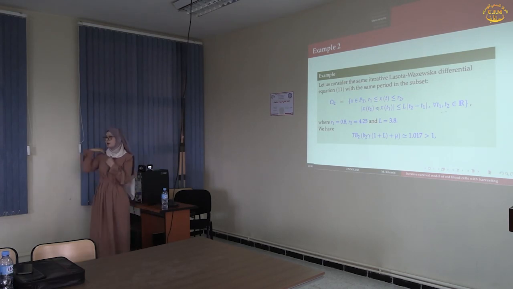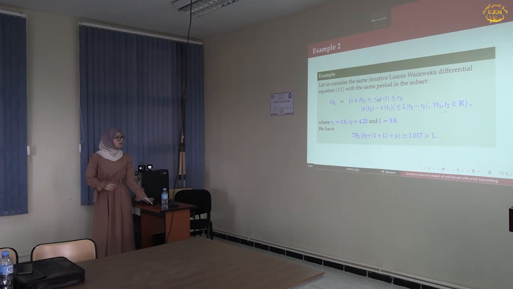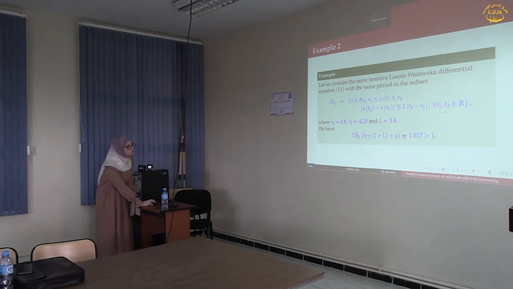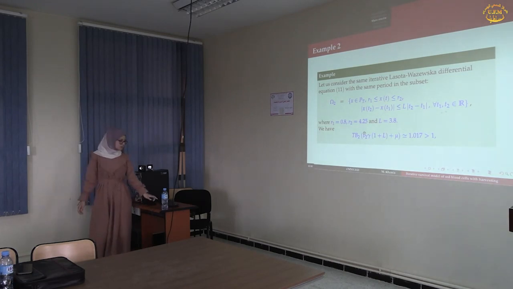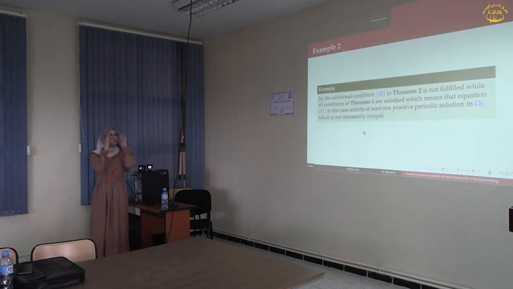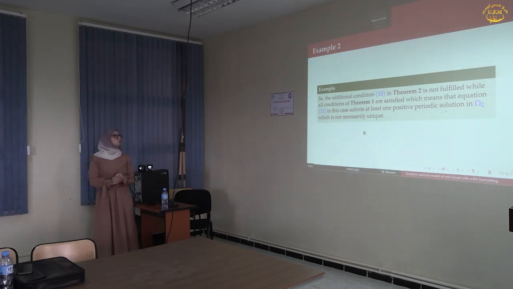Here, in this case, we can easily verify that the aforementioned conditions of the existence theorem are satisfied. However, the additional condition in theorem 2 is not satisfied, which means that equation 11 has at least one positive periodic solution that belongs to omega 2, which is not necessarily unique.